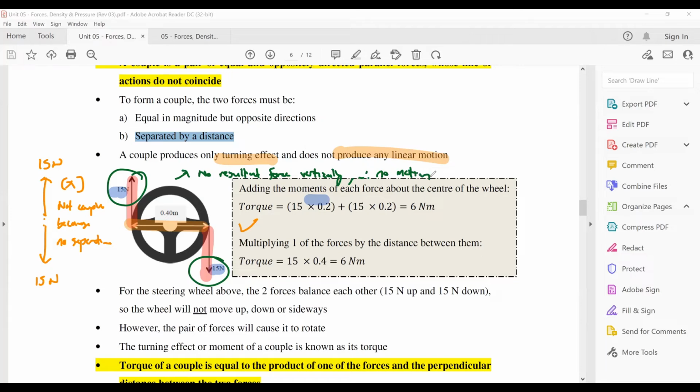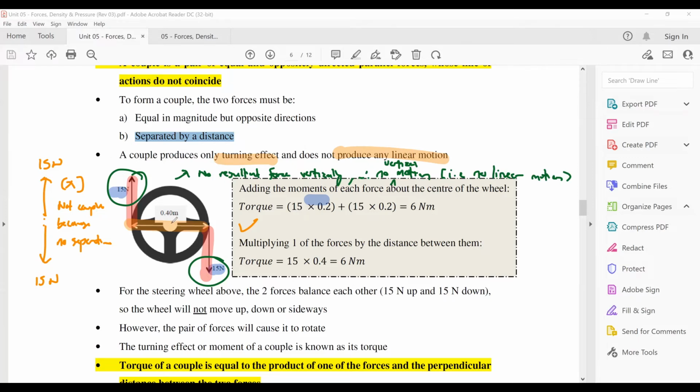To move you need to have a force in the first place, but since you have no resultant force, you're not going to have any motion. Okay, no resultant force vertically, no vertical motion, i.e. no linear motion.